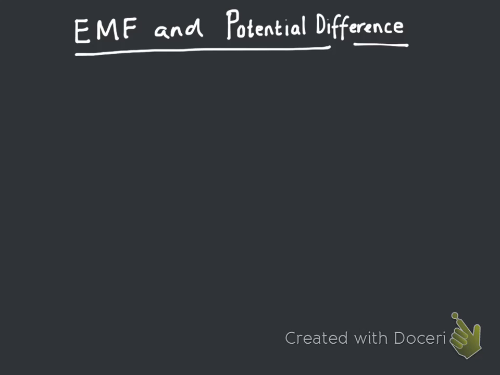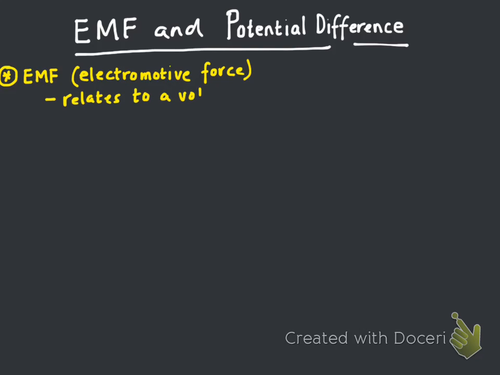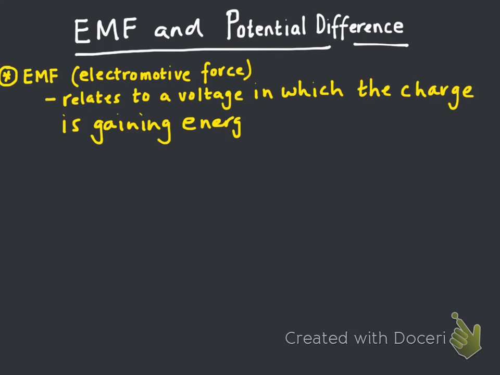Before we get into the details, let's just remind ourselves of the difference between EMF and potential difference. Firstly, EMF. EMF stands for the electromotive force, and that refers to the voltage in a circuit in which the charge is gaining energy. And as charges move through the cells, they gain energy, and so a cell or battery would be an example of where electromotive force needs to be taken into consideration.